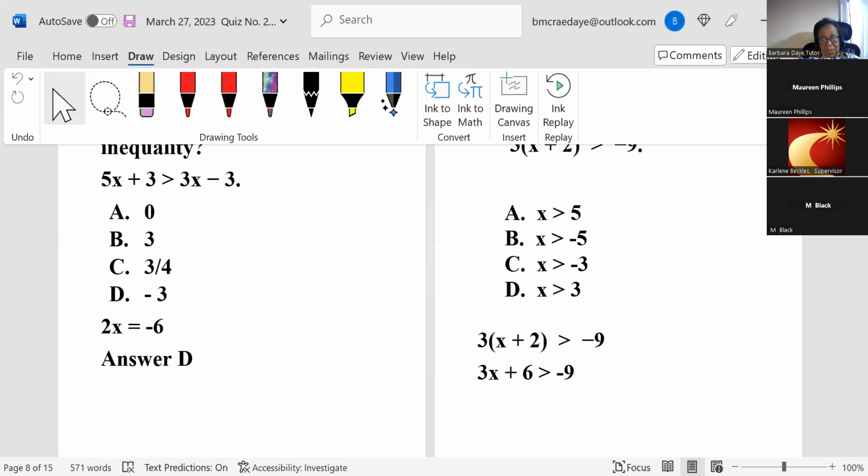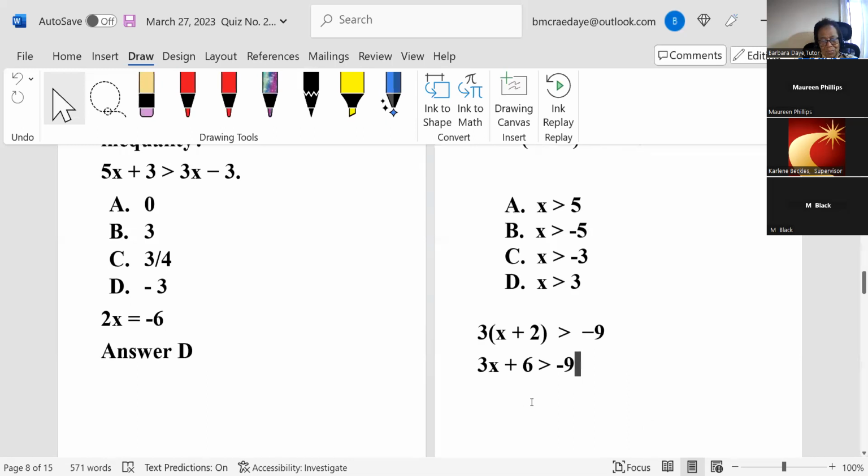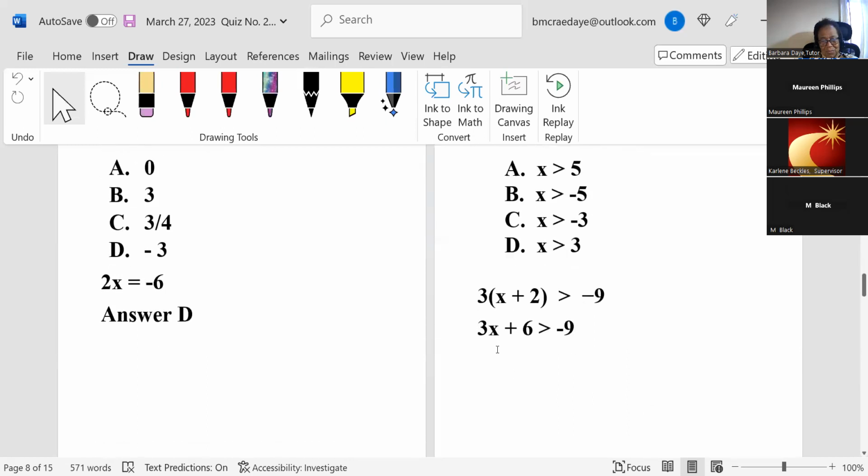And now, what's your next step, Mercedes? My next step would be subtracting 6 on both sides. That's it. Very good. Subtract 6 from both sides. All right.